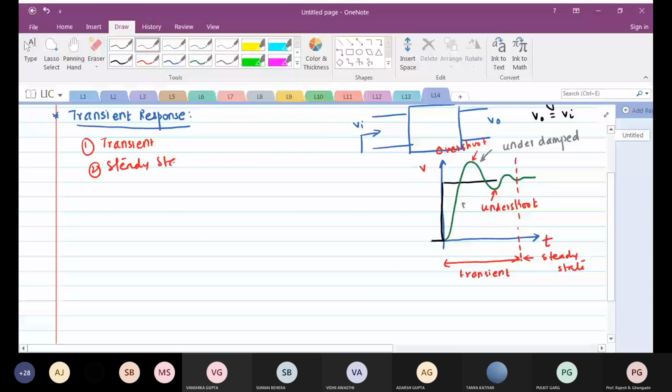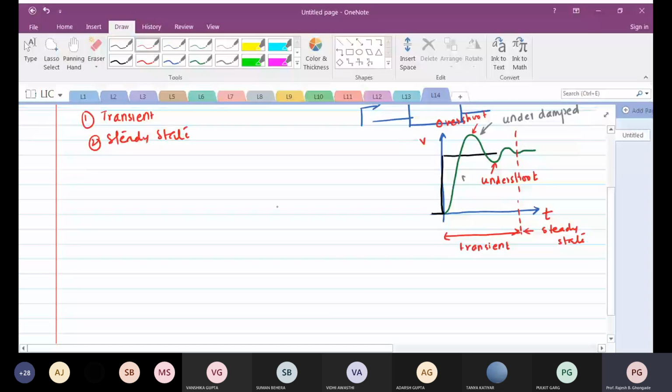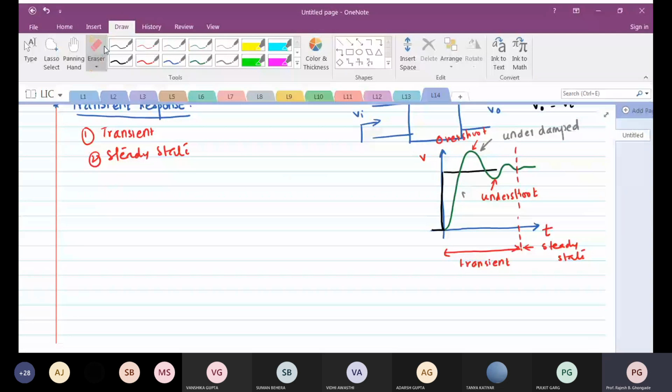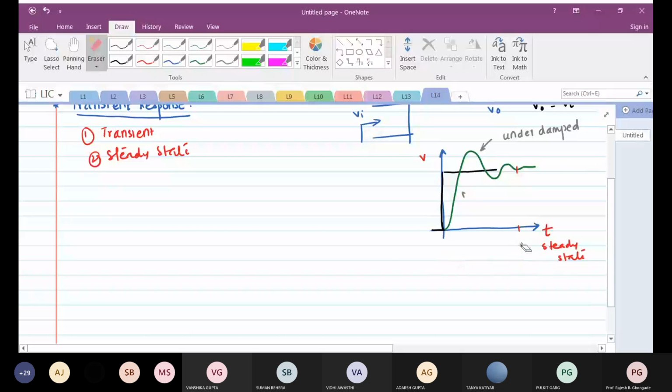Okay. Now this particular response, again, transient response, is characterized by various different parameters. What are those parameters? If we look at this carefully, okay, I'll use the same figure. I'll remove some parts over there, some things which are not required, so that it will not clutter the figure.